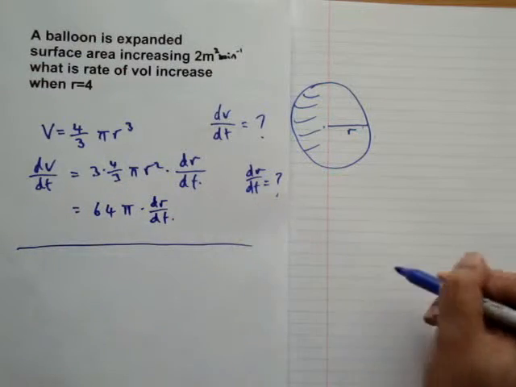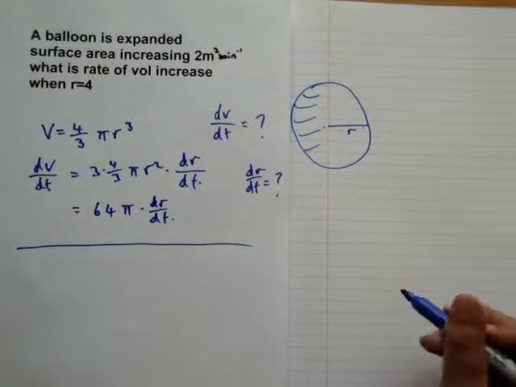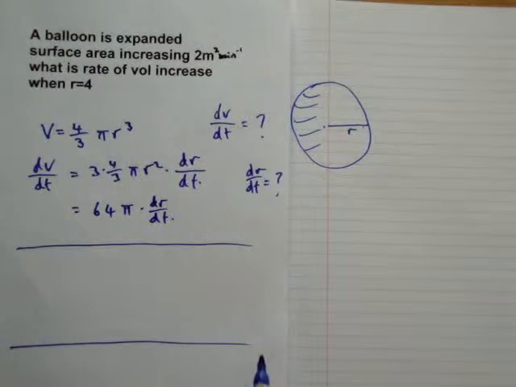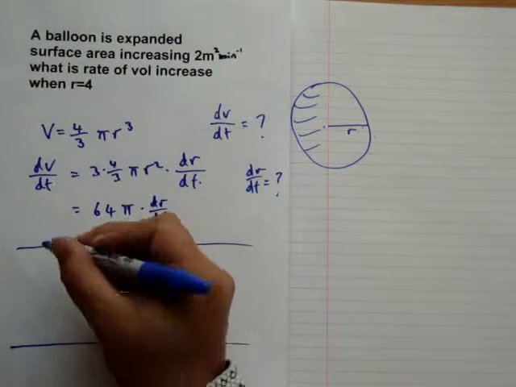So now we want to work out what we can use as dr by dt. What other formula do we know? We know the formula for area.